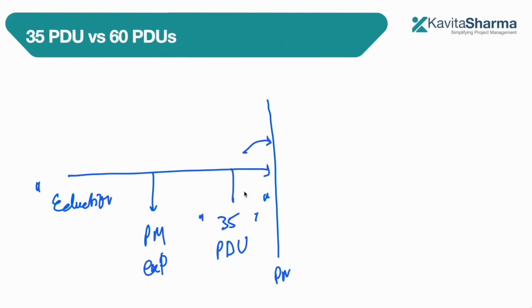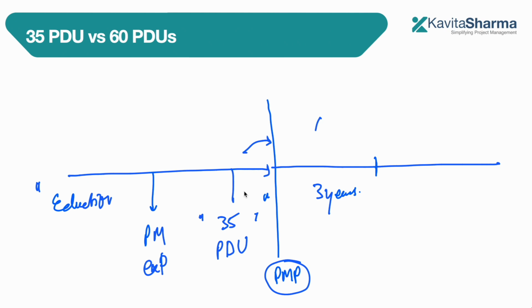Once you are eligible and once you qualify for the PMP, once you become a PMP, you don't become a PMP for a lifetime. This PMP certification is valid only for 3 years. In these 3 years, you need to update yourself with new skill sets, for example burn up and burn down charts, servant leader, and so on.